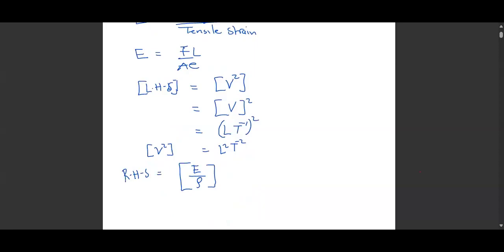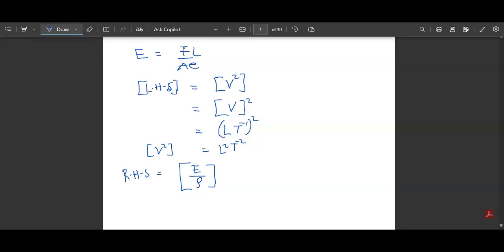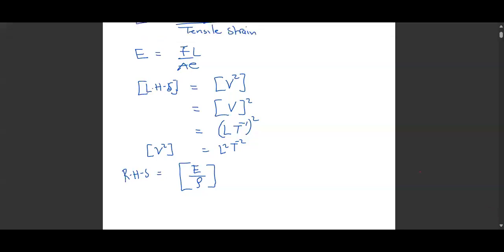We have kilograms per meter cubed. And kilogram, this is mass, whereby for mass we use capital M. Then it is kilogram per meter cubed, so we shall have capital M, then L power negative 3 for density.